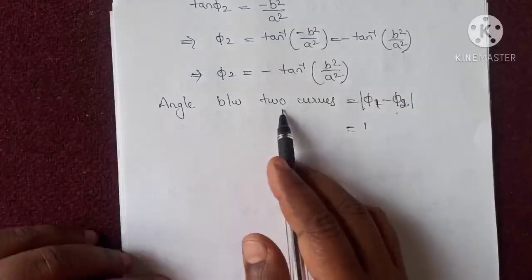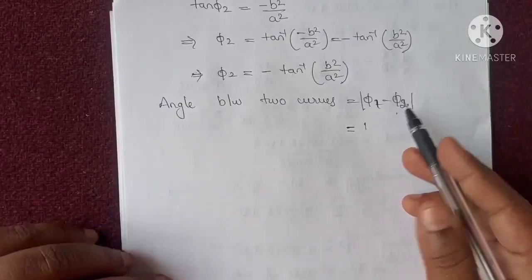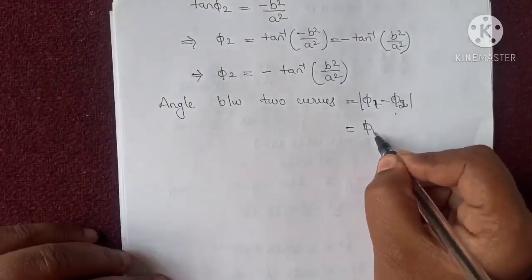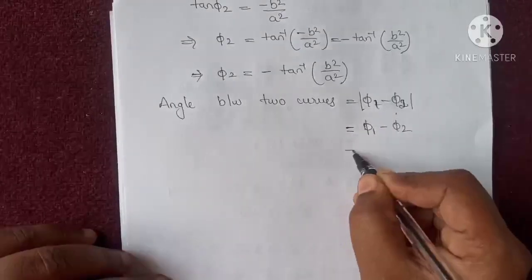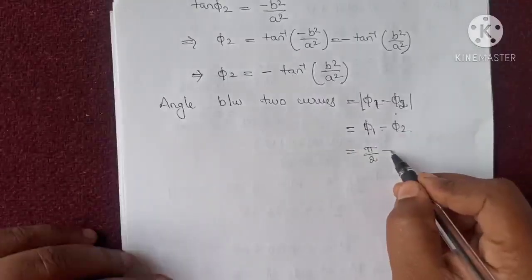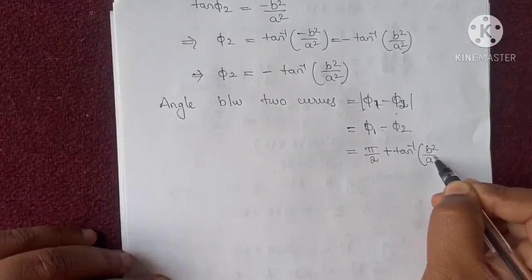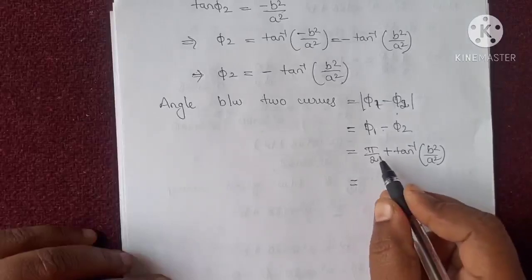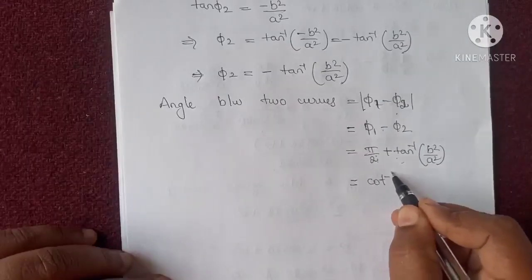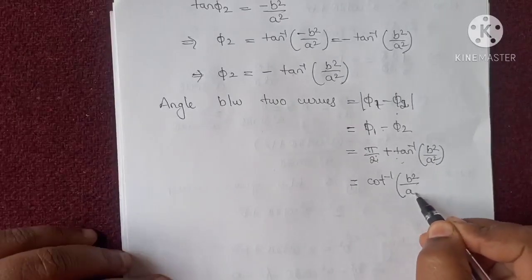Thus, the angle between two curves equals mod of phi 1 minus phi 2, or it is phi 2 minus phi 1. So, considering phi 1 minus phi 2, phi 1 value is pi by 2, minus into minus, we get plus tan inverse of b square divided by a square. We know that pi by 2 plus tan inverse of x is equals to cot inverse of x, which is cot inverse of b square divided by a square.